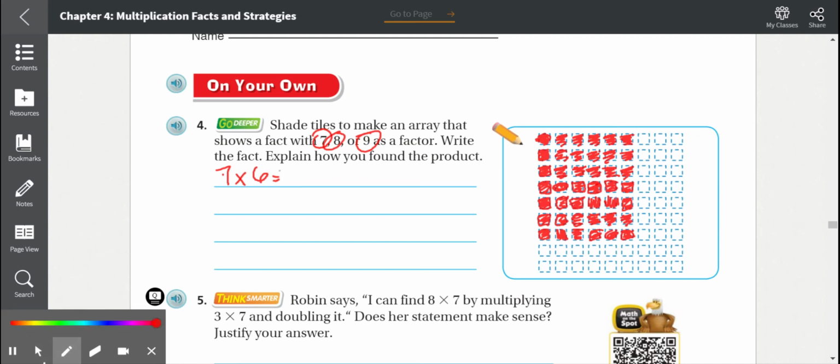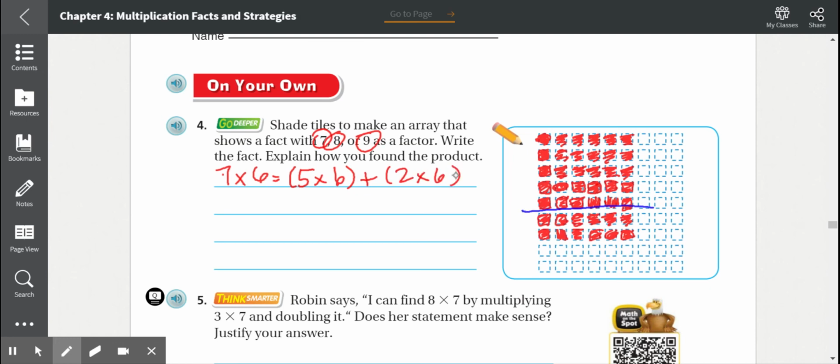So let's break apart our array. Let's break apart the 7, right? Let's not break apart the 6. So we could do 1, 2, 3, 4, 5. Let's do that again, 5 and 2. So now our array is showing 5 times 6 plus 2 times 6, because we broke apart the 7, not the 6.